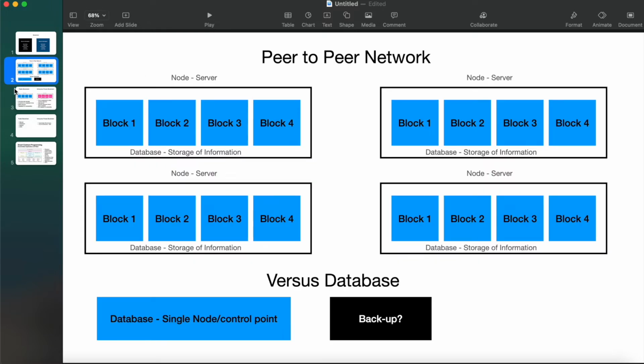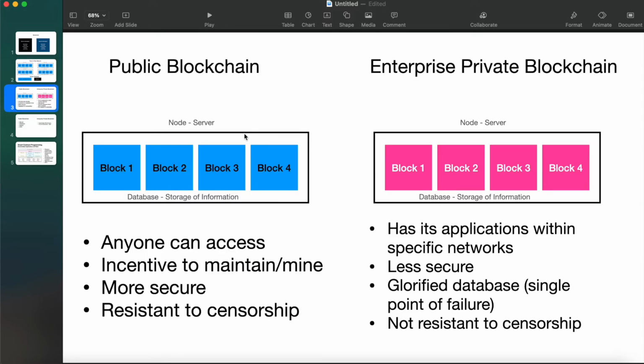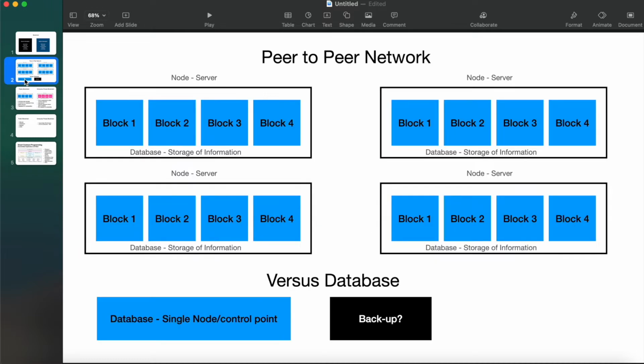A peer-to-peer blockchain, this explains what a public blockchain is. So that's pretty much already covered. Anyone can access. It's open, not open source, but it's open. If I had the resources today to run a Bitcoin node, I could do that. If I wanted to build a node like this for Bitcoin and enter the network and be one of the peers, I could do that.